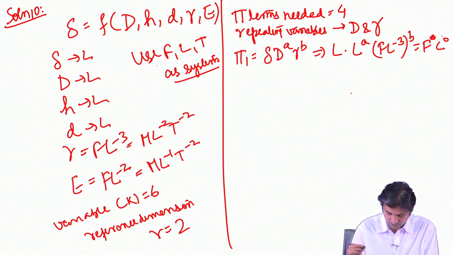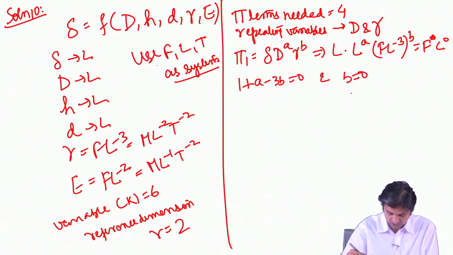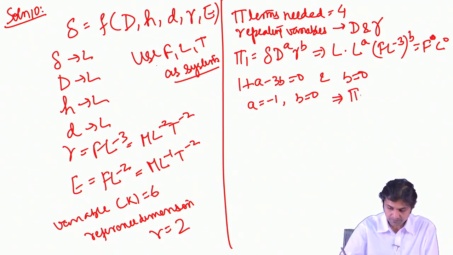Okay. So this will give 1 plus A minus 3B is equal to 0 and B is equal to 0, resulting in A is equal to minus 1 and B is equal to 0, thus implying that pi 1 is equal to delta by D. Okay.